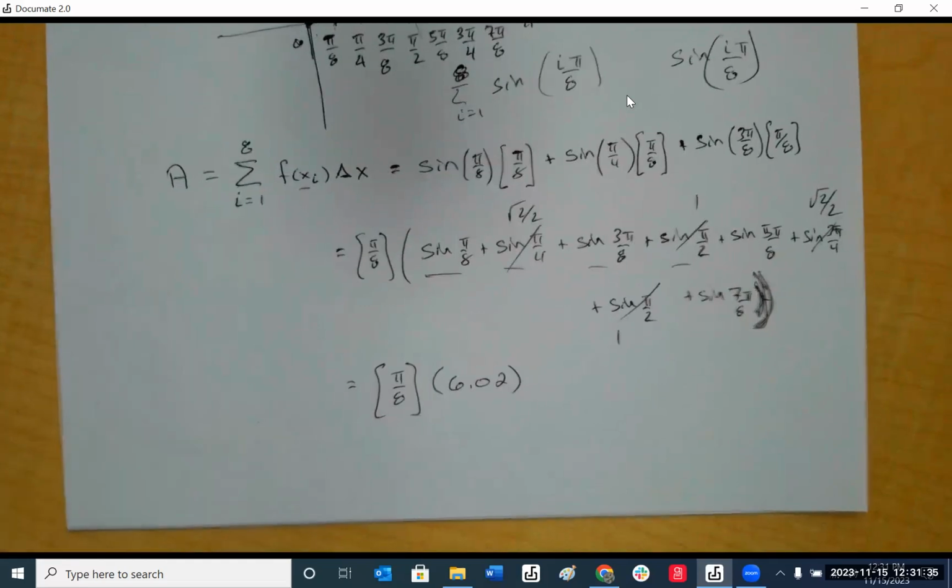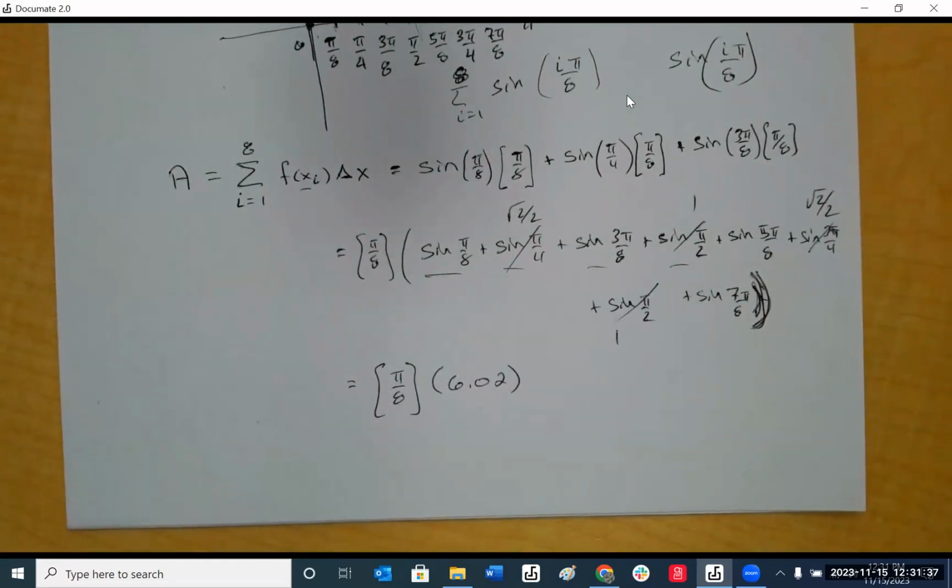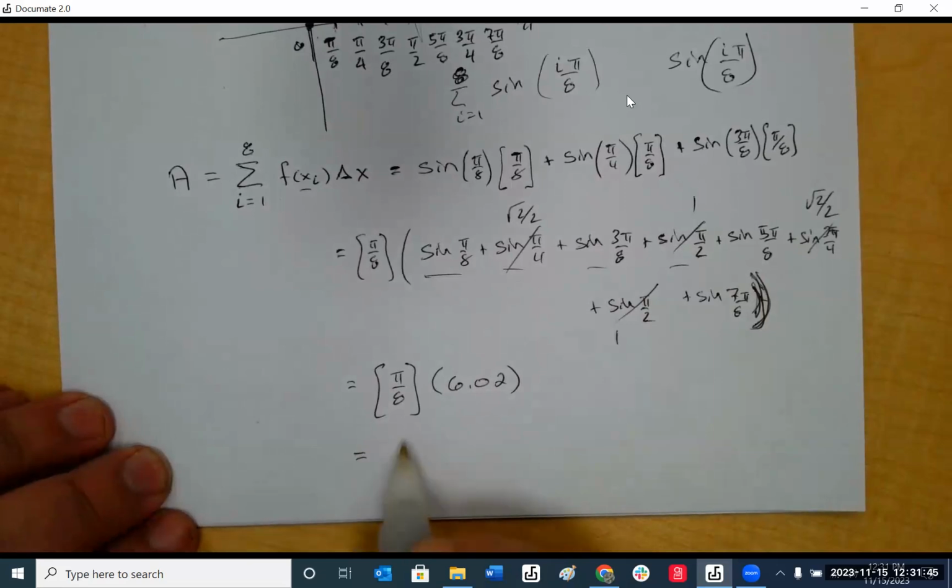And thanks to my speedy computer on the sheet, it says it's supposed to equal 6.02. And then that's times pi over 8.